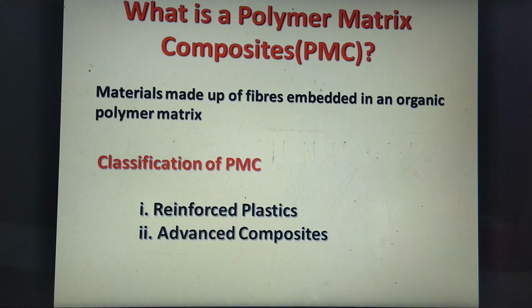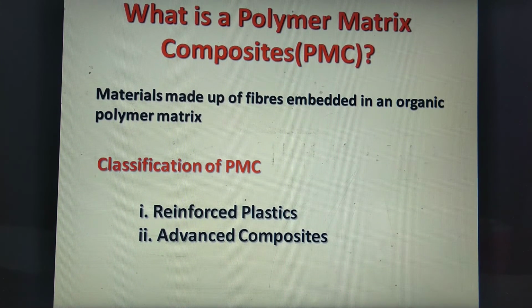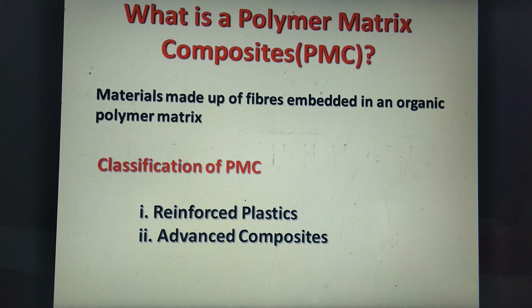One is reinforced plastics, which are conferred additional strength by adding embedded fibrous matter into plastics. The second is advanced composites, which consist of fiber and matrix combinations.